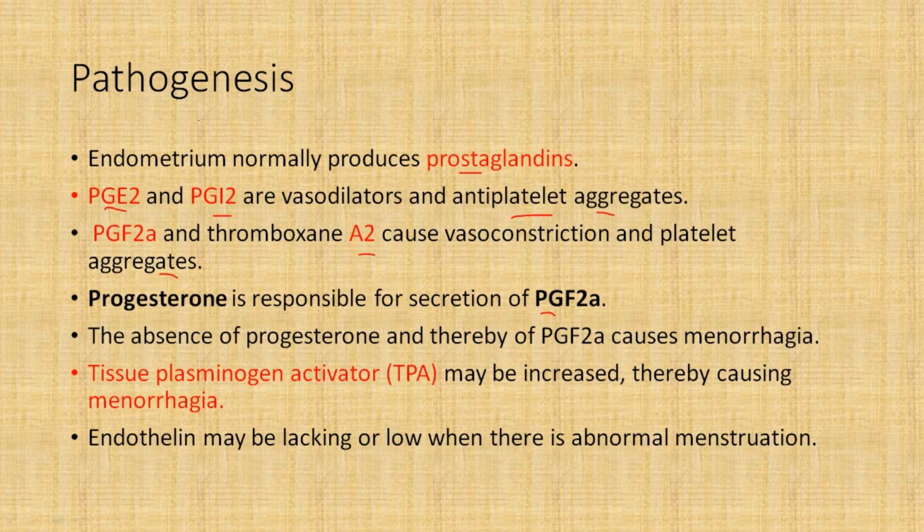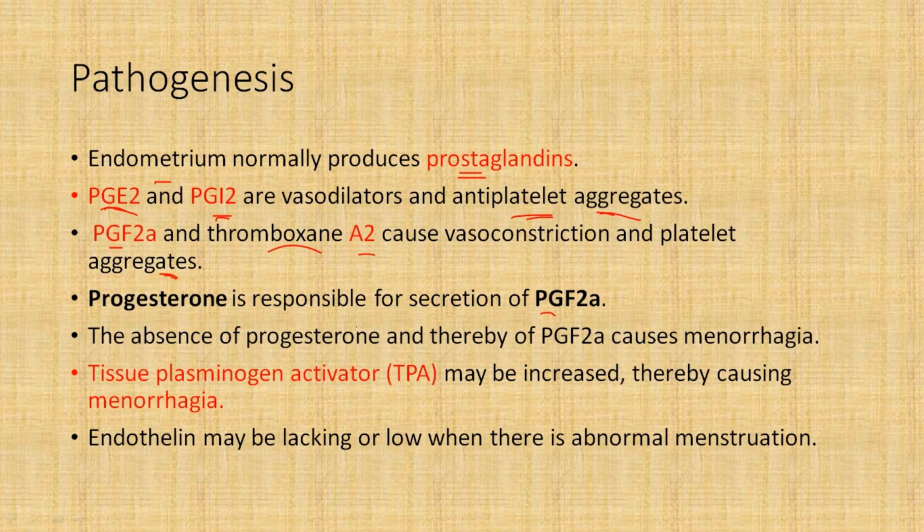So, what's the pathogenesis of AUB? The endometrium normally produces prostaglandins. Prostaglandin E2 and prostaglandin I2 are vasodilators and antiplatelet aggregators. Prostaglandin F2A and thromboxane A2 cause vasoconstriction and platelet aggregation.